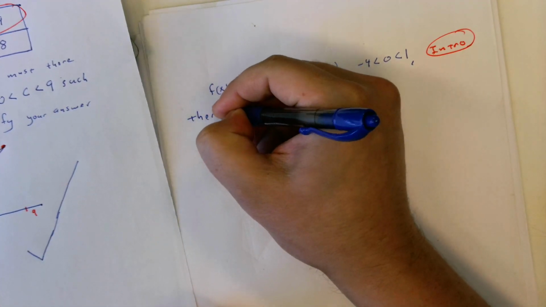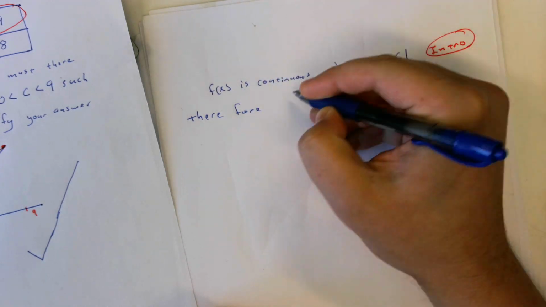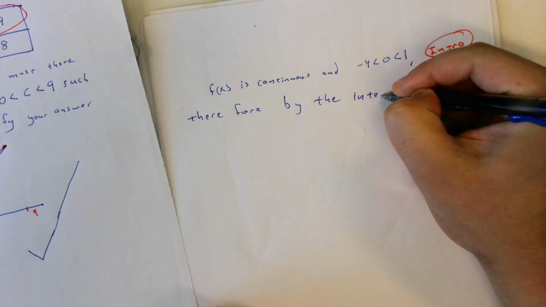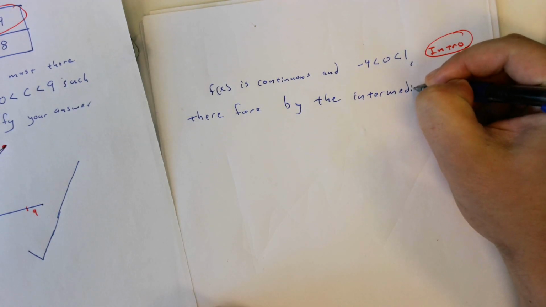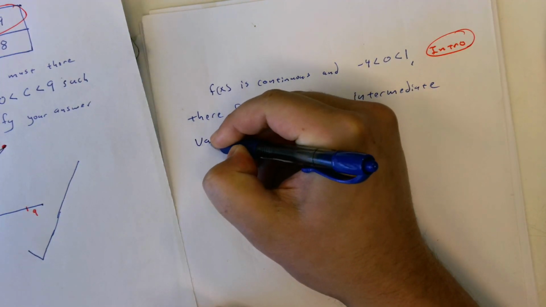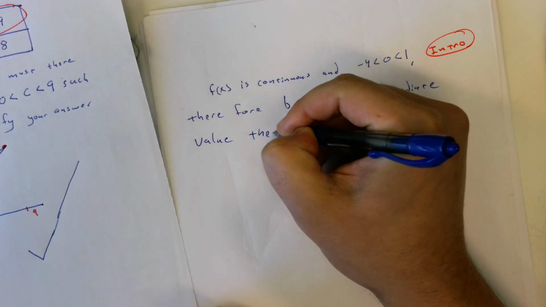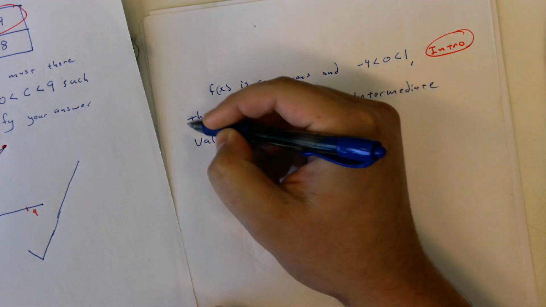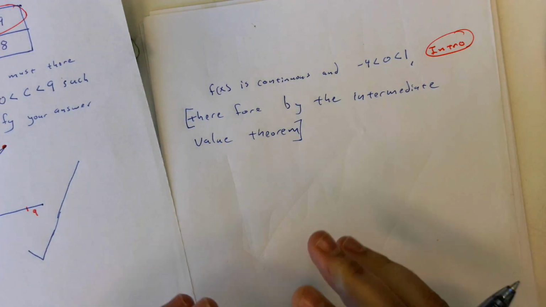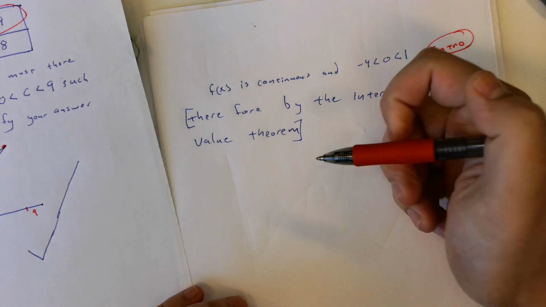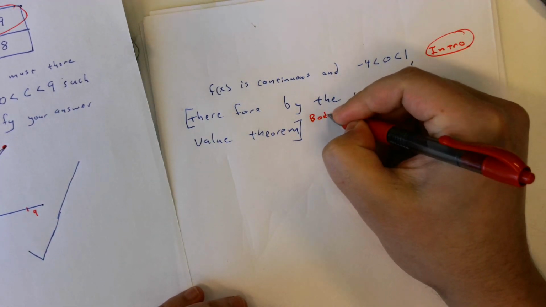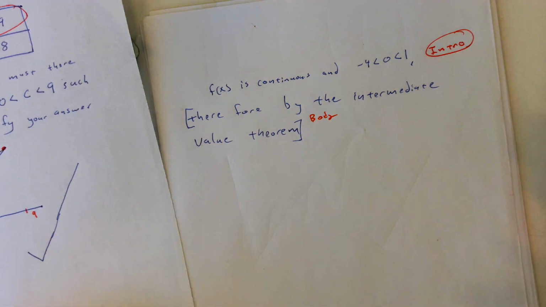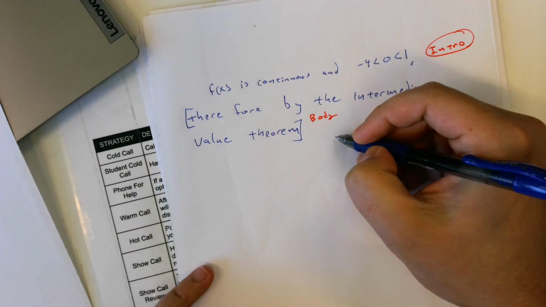Therefore, by the intermediate value theorem, this is really the body of the answer. The graders like it when you write this.